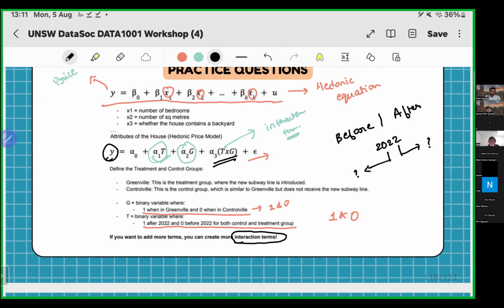So how will price be affected given that my house is in 2022 and it is in Greenvale? It takes into account both the time and the location factor.